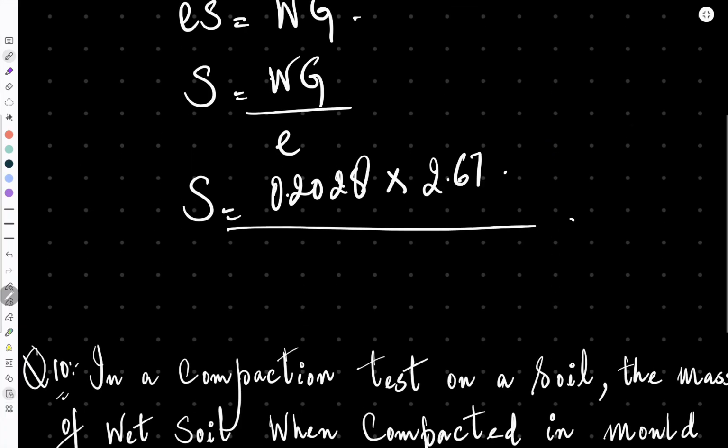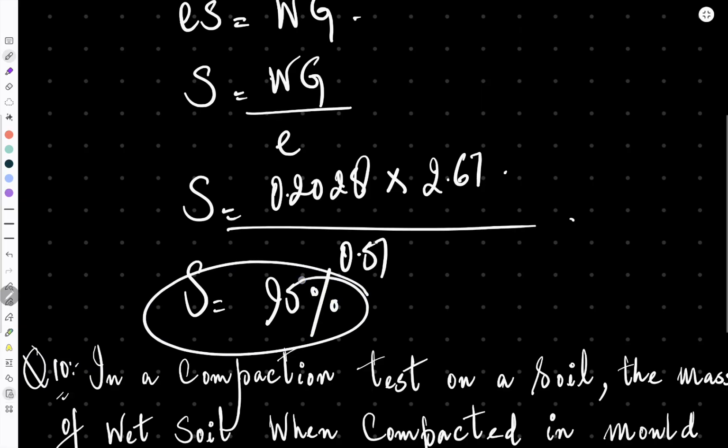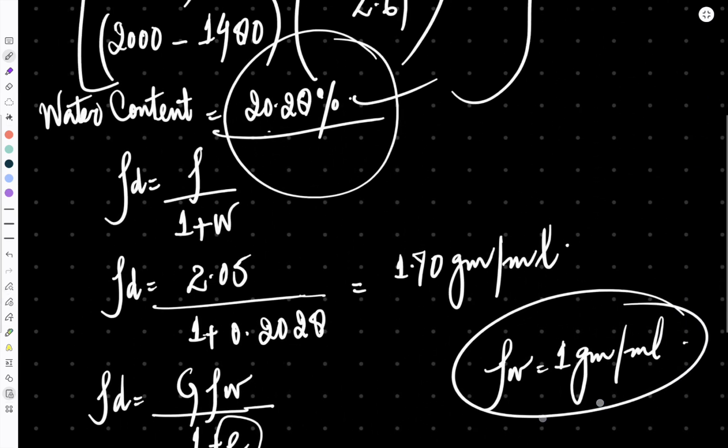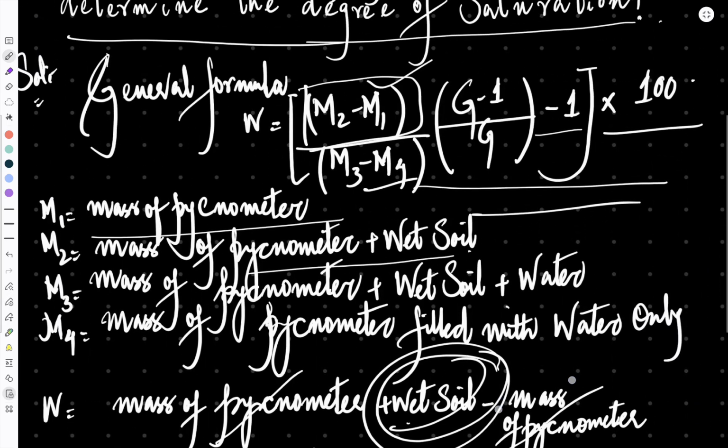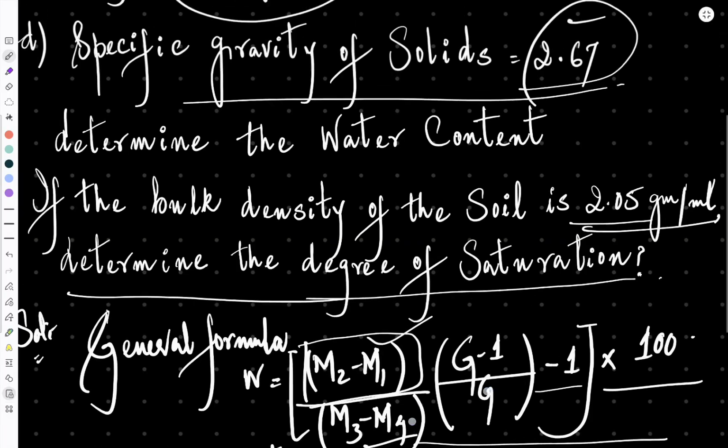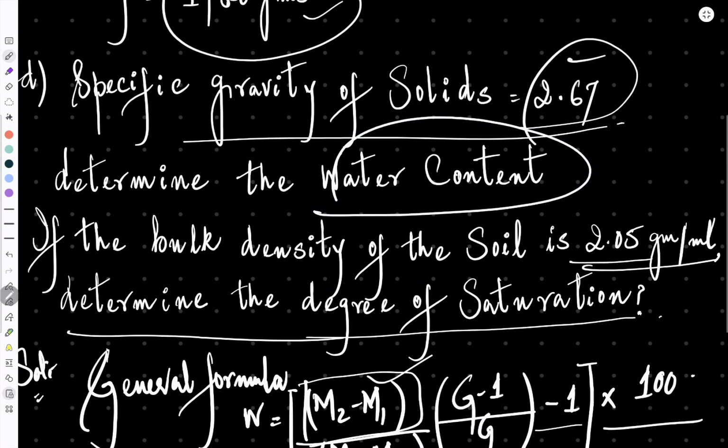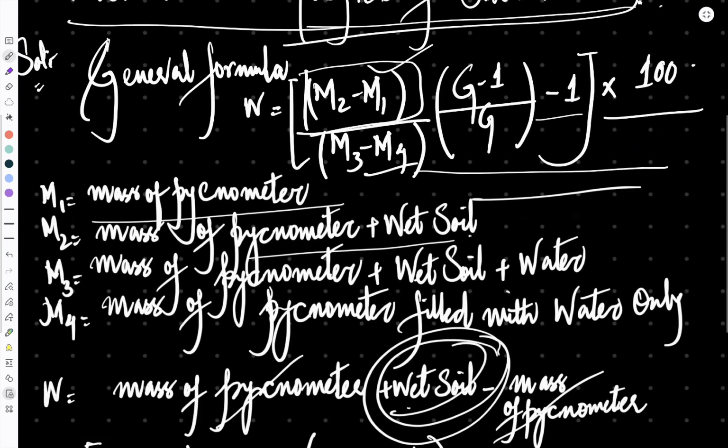It is 0.57. And by calculations, my degree of saturation is 95%. So we have completed the question in all respects. We found the water content, and we also found the degree of saturation if the bulk density of the soil was 2.05 grams per milliliter. All right, moving on to the next one.